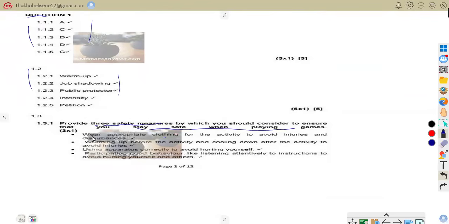So the first one says wear appropriate clothing for the activity to avoid injuries and discomfort. Meaning to say, you are going to prevent injuries as well as discomfort. For example, you can wear sports shoes, that is the appropriate clothing for the activity that you're going to do, and you can wear protective gear like helmets and stuff like that.